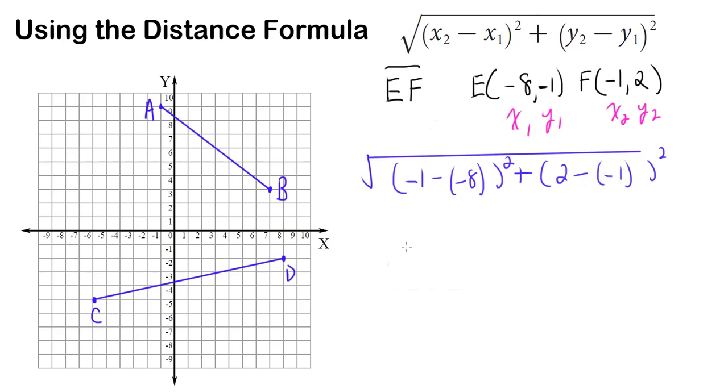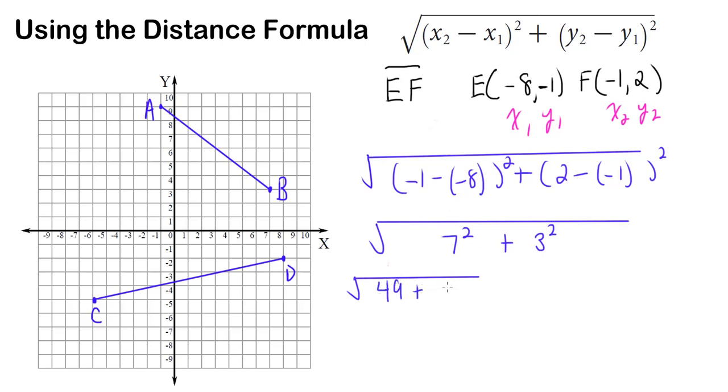So here, -1 minus -8 is -1 plus 8, so this is 7 squared. Plus 2 minus -1 is 2 plus 1, so this is 3 squared. 7 squared is 49. Plus 3 squared is 9. And 49 plus 9 equals 58.